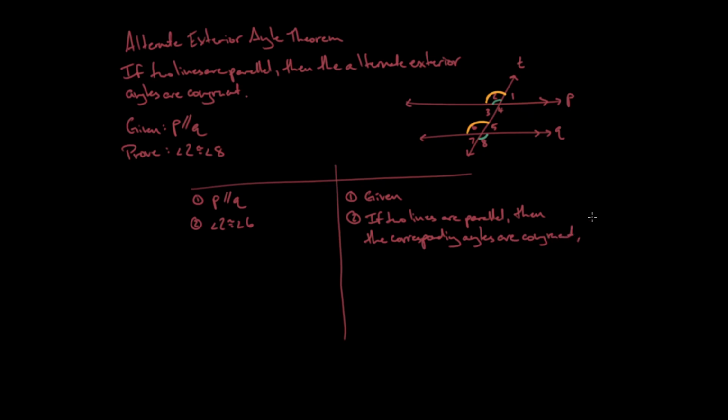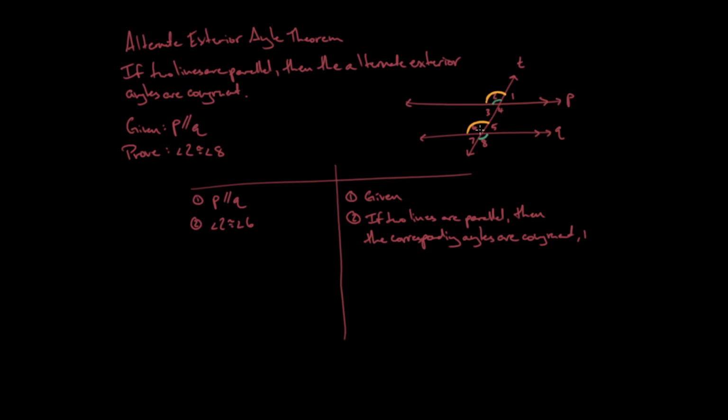Okay, so I'm going to check myself here. How do I know that if the two lines are parallel? Where did I say that? Up here in 1, so I will cite that here. And so I can move on to the next part then, which is talking about my vertical angles.